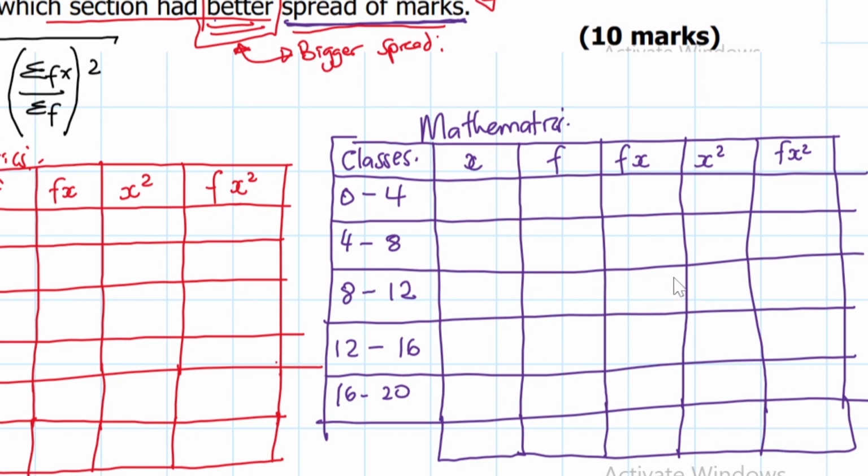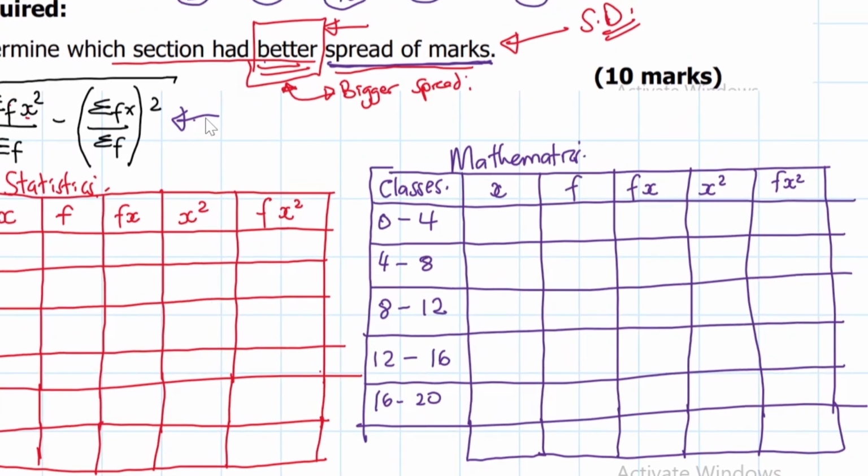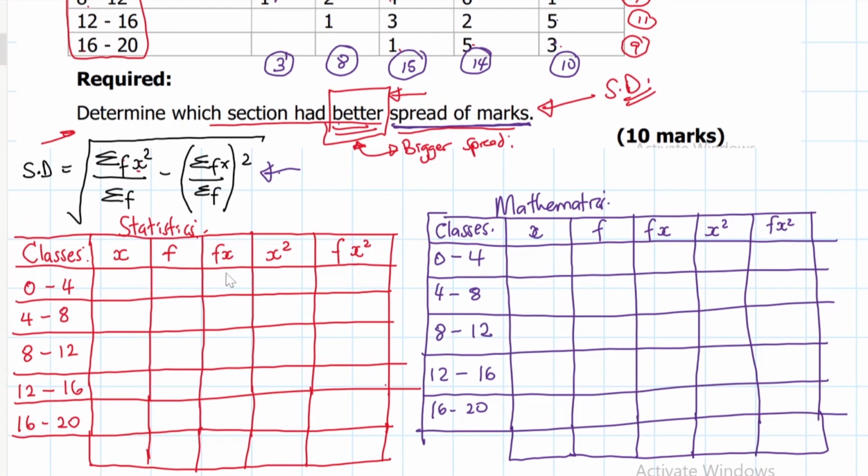So after determining our columns from our formula up here, what we need, let's get started. Determining our value of x here is going to depend on whether we've been given class boundaries or class limits. I think again you must be knowing the difference. What ends here is what starts here. 4 to 8, the last digit here is the first digit here.